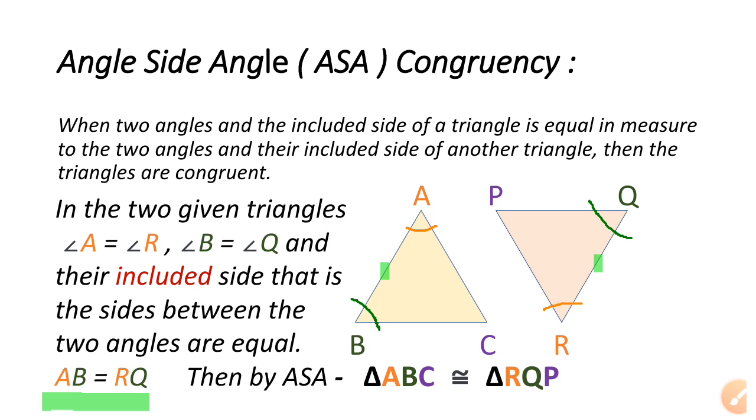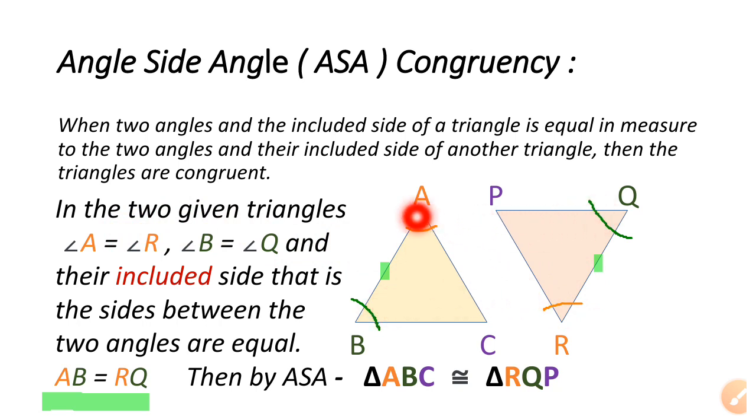Okay, so here the statement is that if two angles of one triangle are equal to the corresponding two angles of the other triangle. So the given condition that we are taking here is that angle A is equal to angle R, and one more thing, angle B is equal to angle Q. So two angles are equal.